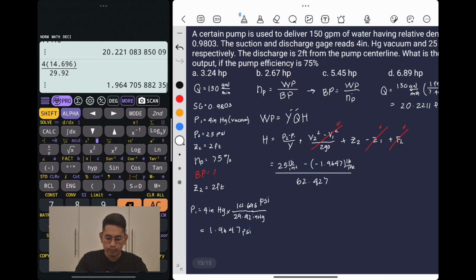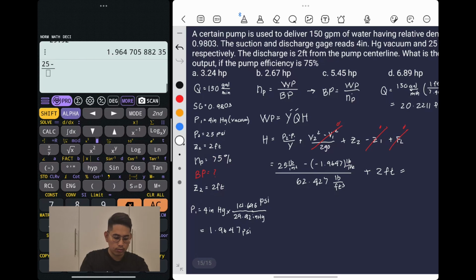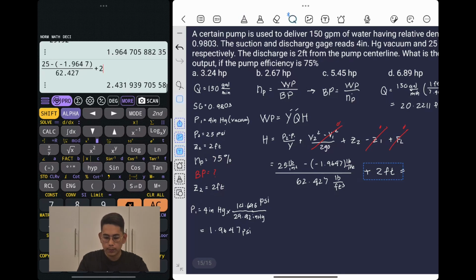All over gamma natin na 62.427 pounds per cubic foot. So plus Z2 na 2 feet. So 25 minus 1.9647 over 62.427 plus 2 feet. So ito pala, wait, nakalimutan pa tayong gawin.